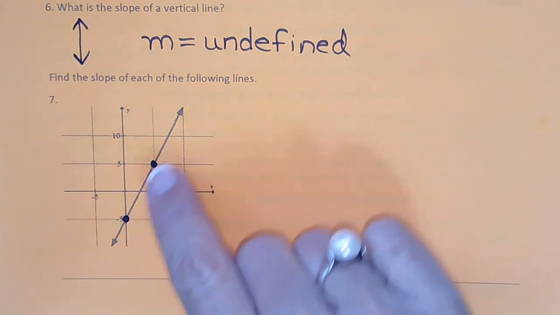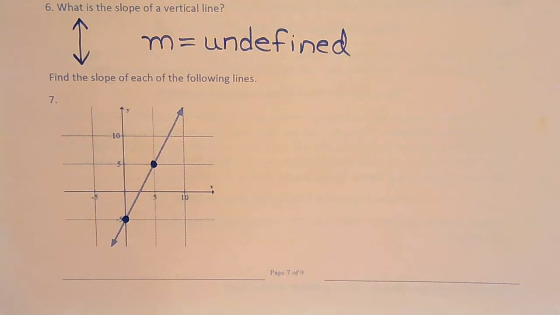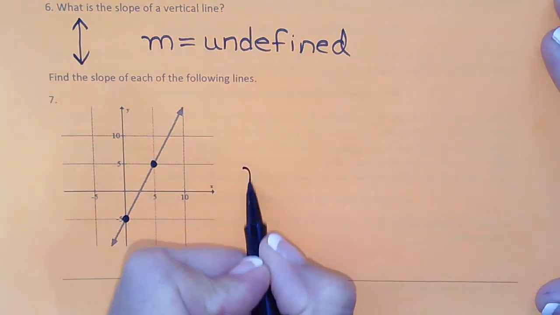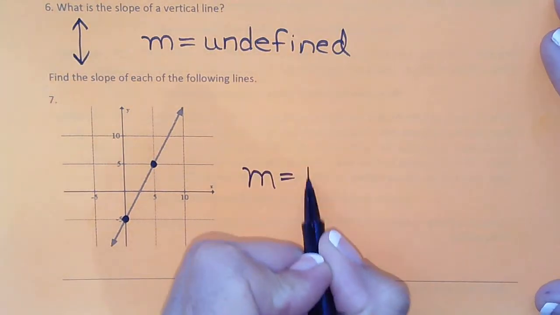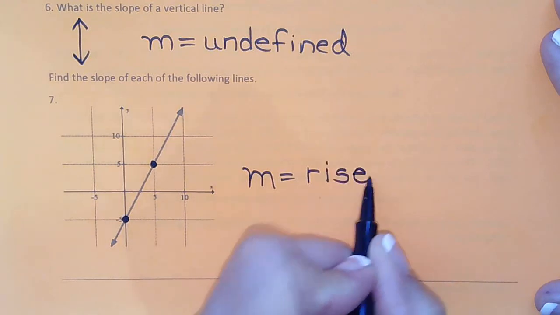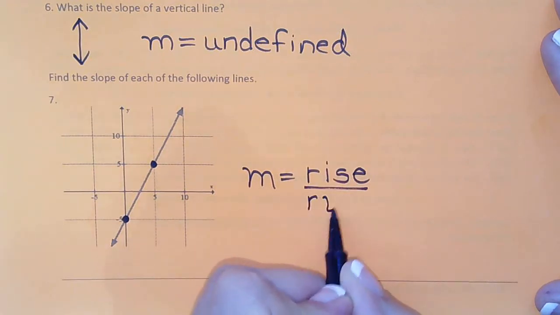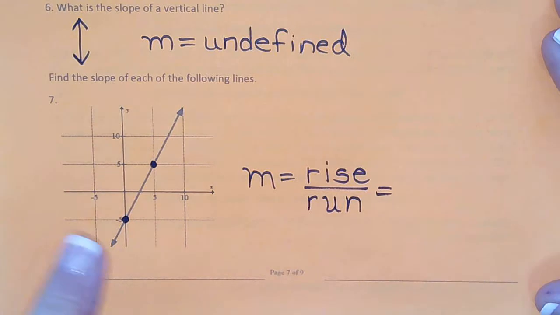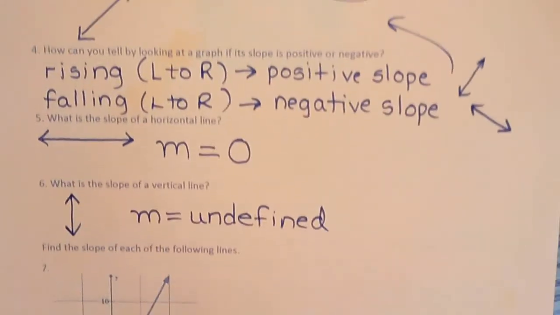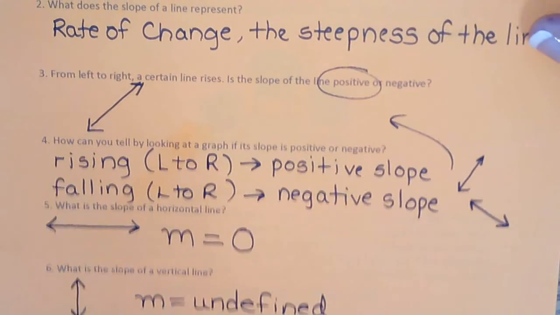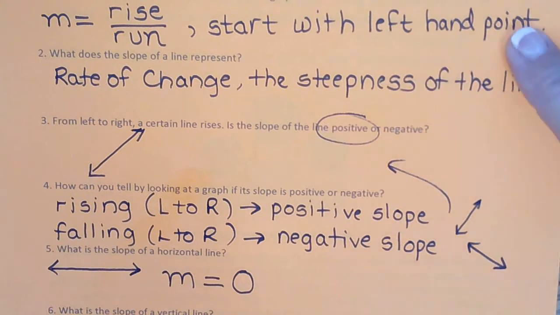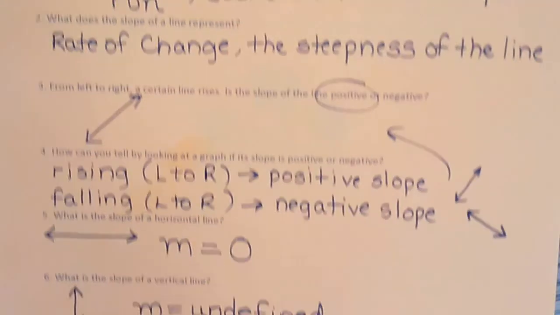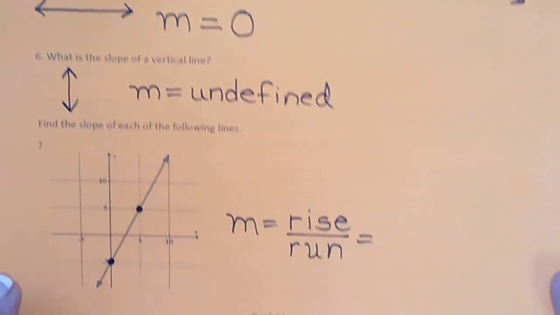But when it crosses right at a vertex, I know that's a whole. So we see the graph. So we learned in previous sections, then you immediately write rise over run. We always start with the left-hand point as we explained up here. Start with the left-hand point, and we have to pay attention to the markings on the graph.